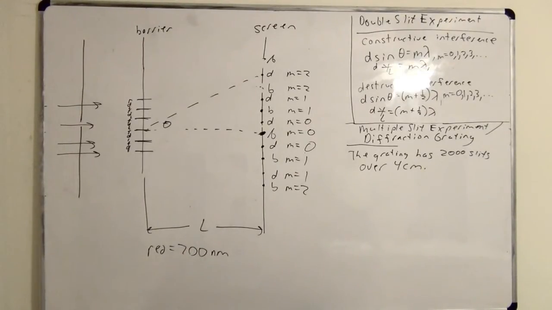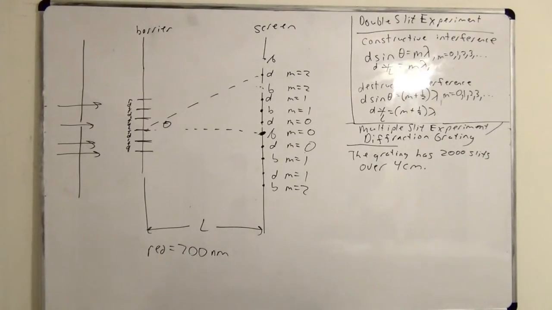Okay, so the grating has 2,000 slits. So 4 divided by 2,000?